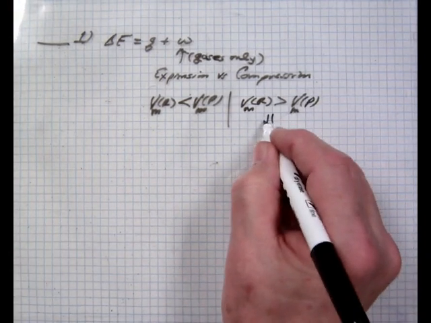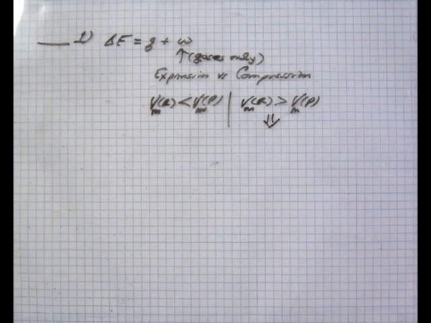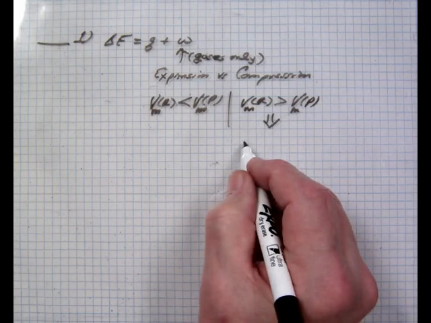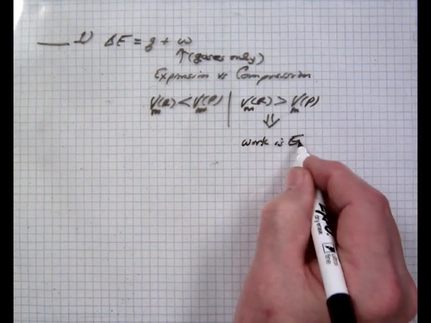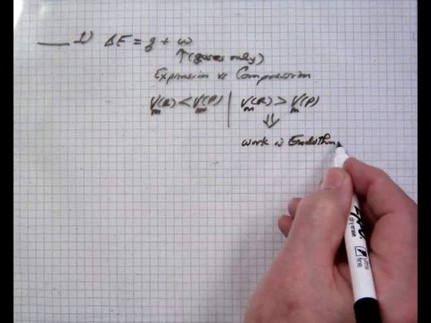If you have a compression, visualize the reaction when it goes down in volume. It's like squeezing a balloon to a smaller volume. Without changing any other parameters, the molecules are going to push back on your hand. In that case, the molecules have to acquire energy, absorb energy. So work is endothermic here in a compression reaction.